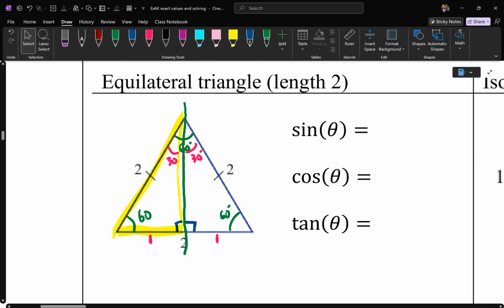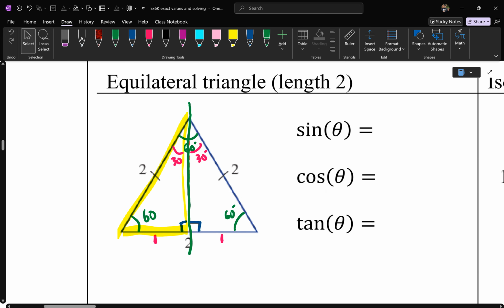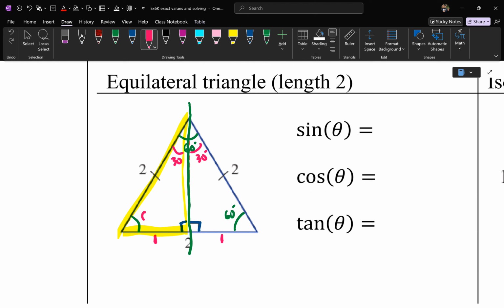If I asked you, what is sine of this angle, so let's just call this theta now, sine of this angle would be whatever this height is, the opposite side, over your hypotenuse. Now we can actually work out the opposite side. How do we do that? Very good, Pythag.